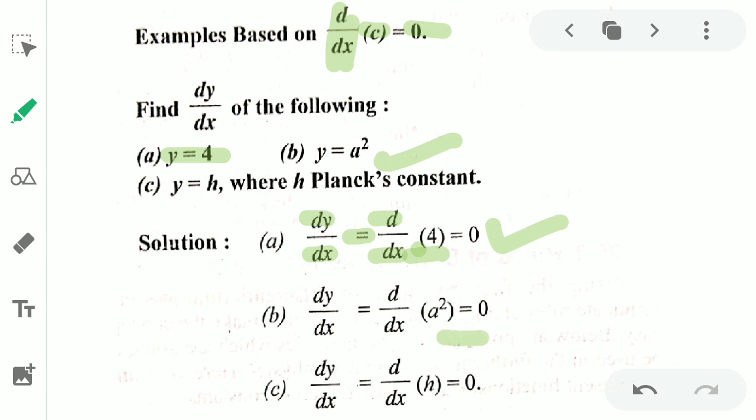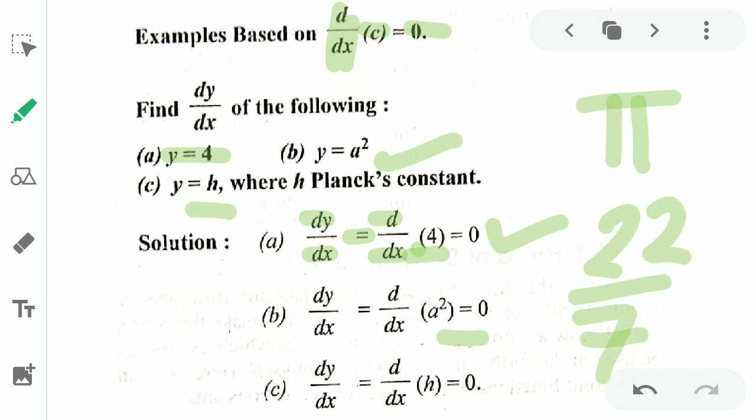If we say that h is also constant, that is 0. So what is the differentiation of pi? We know very well the value of pi, that is 22 by 7, that is the numerical system. So that differentiation is also 0. So remember that the derivative or differentiation of a constant is always equal to 0.